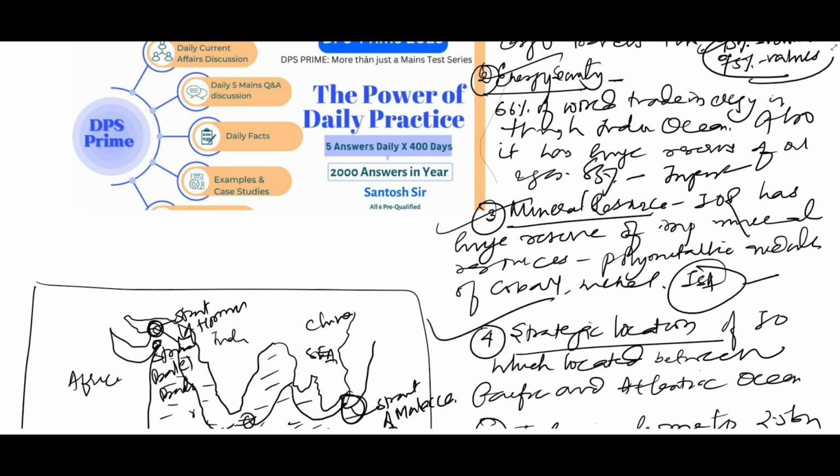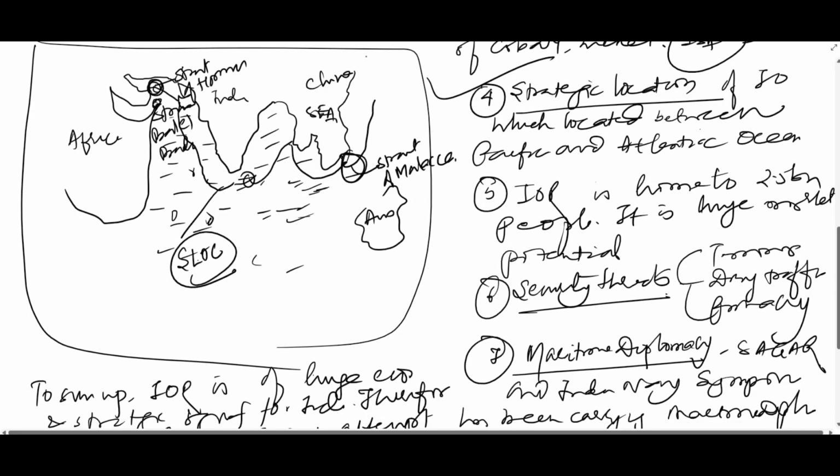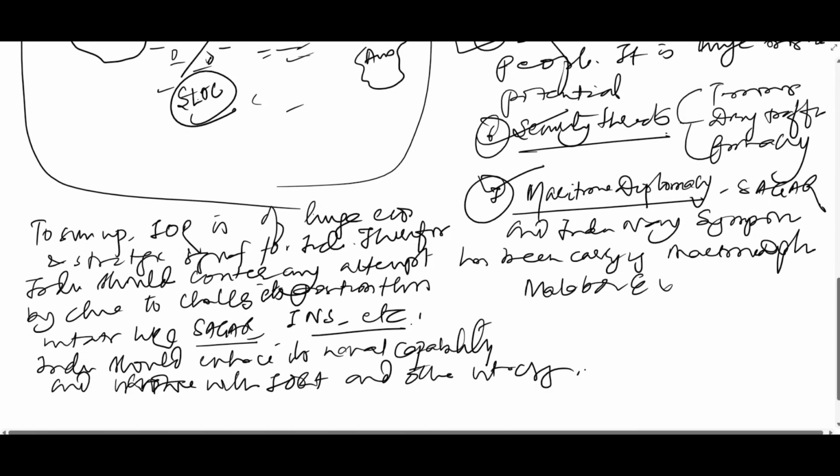Then mineral resources, then strategic location, market potential, security threats and maritime diplomacy. 7 points we have, and then we have drawn a rough diagram also. You will not have more than 30 or 40 seconds to draw a diagram, so this is a good enough diagram, I would say. And then we have given some suggestions also, Sagar initiative and all that, for India to keep its preeminent position in the Indian Ocean region.